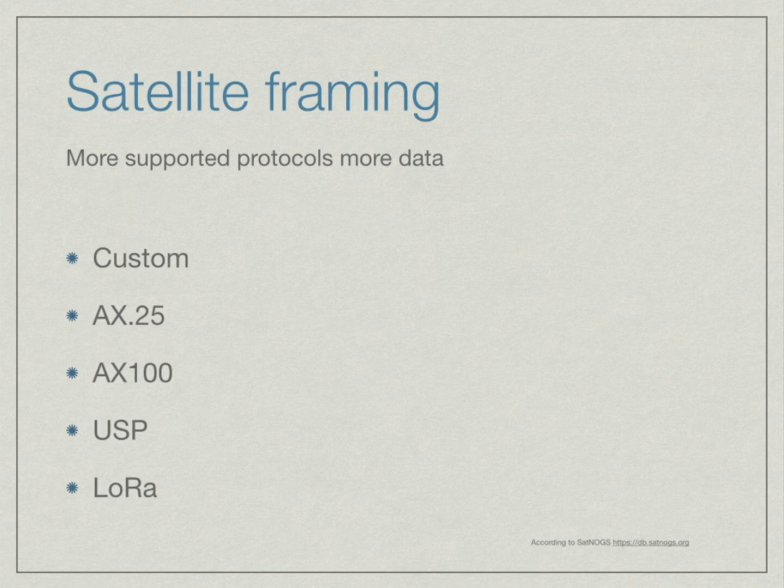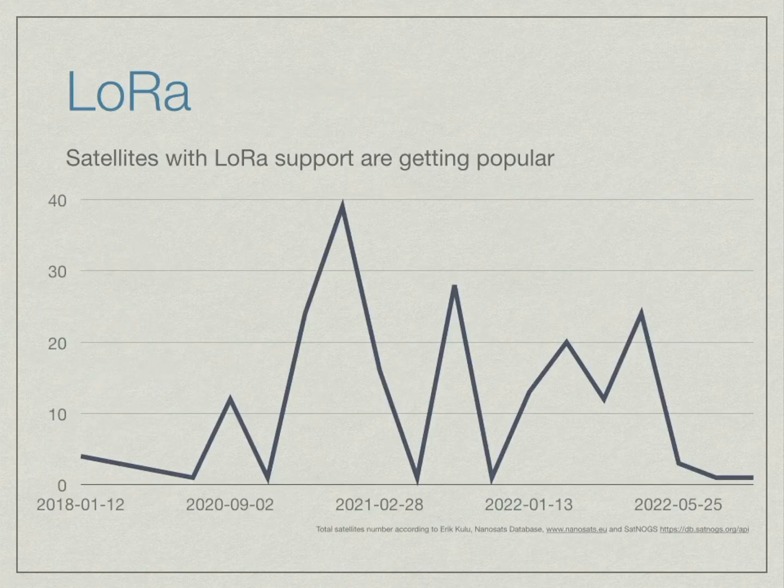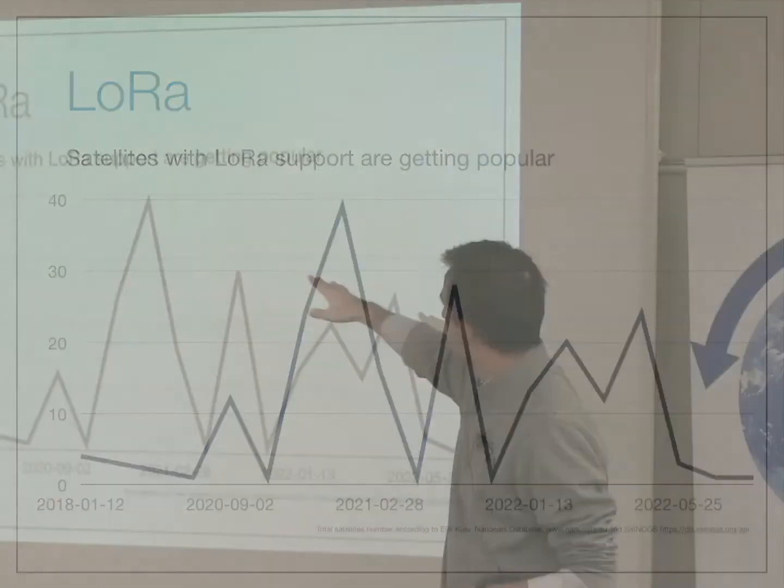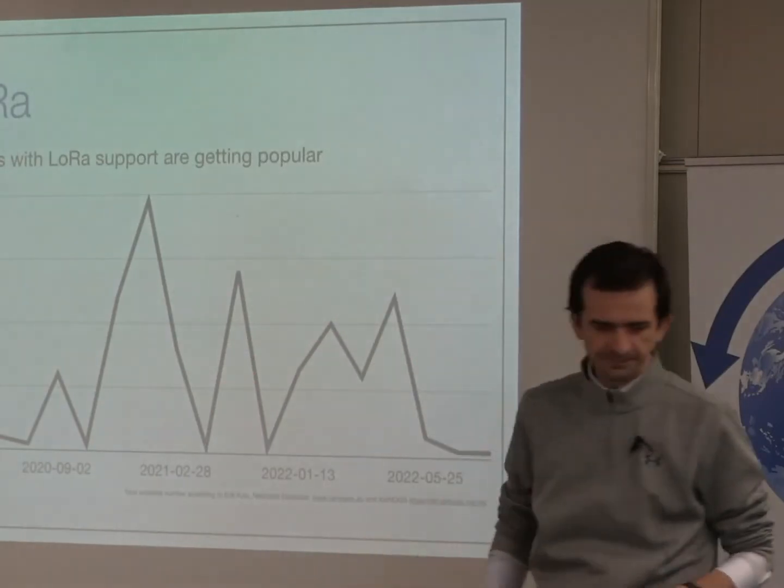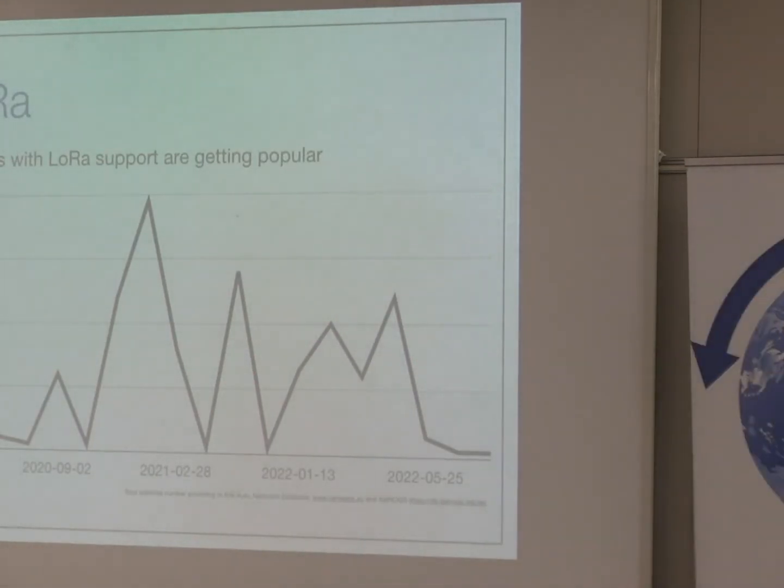So I mostly focused on generic ones, but I also support some custom ones. Generic ones are X.25, AX.100, USP. There are not many satellites on these, but they're very easy to implement. There's also LoRa, and that gives some ideas. This is the number of LoRa satellites launched over the years. I guess most of these satellites are part of the commercial constellation Space B.